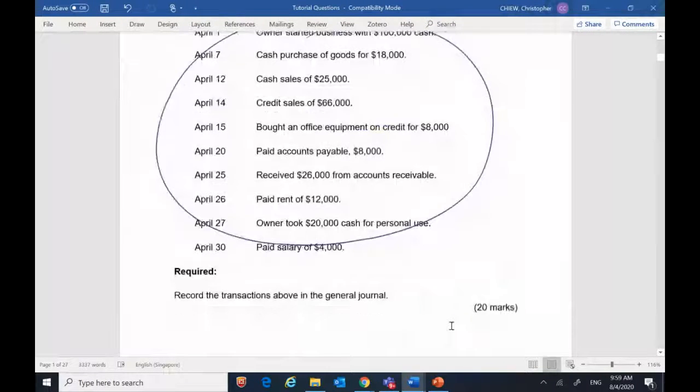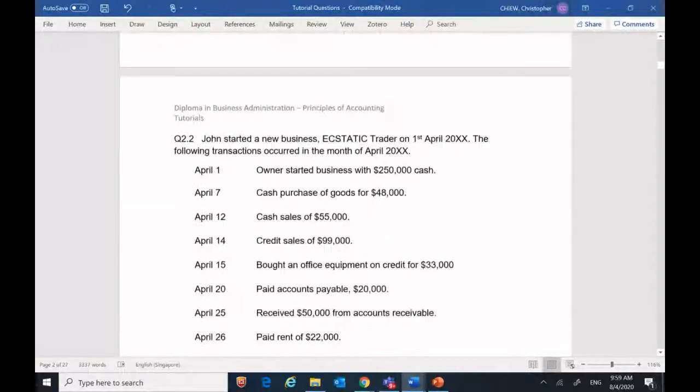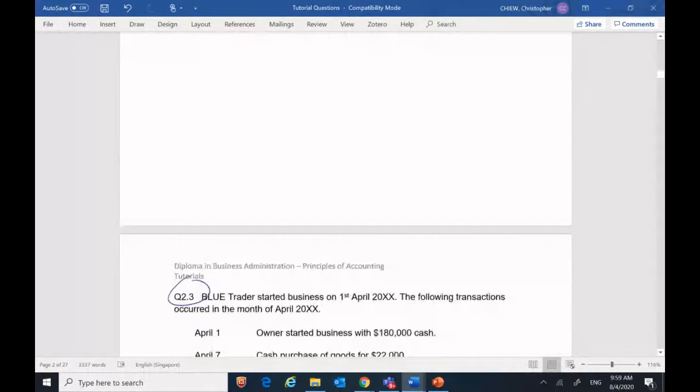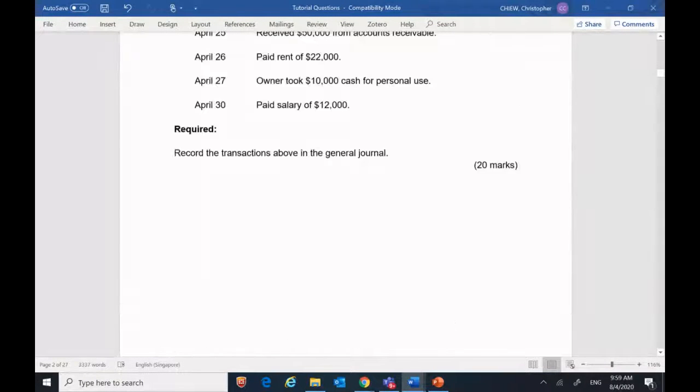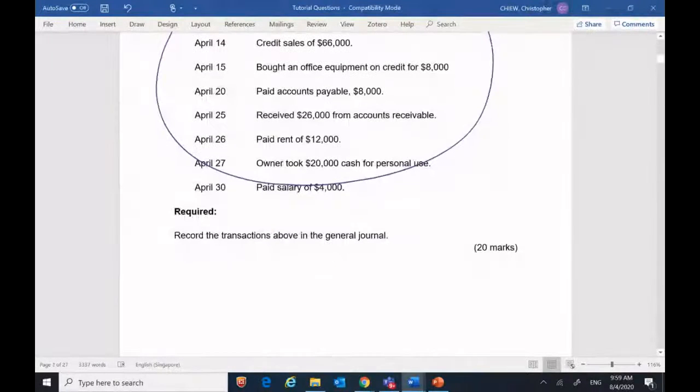This is a collection of the past year exam questions according to topics. So after every topic, we'll go through questions like this, so you have an idea what kind of questions you can expect and how to go about answering them. We'll practice this in class. So from this lesson onwards, I will need you to download these tutorial questions. We'll practice them in class.